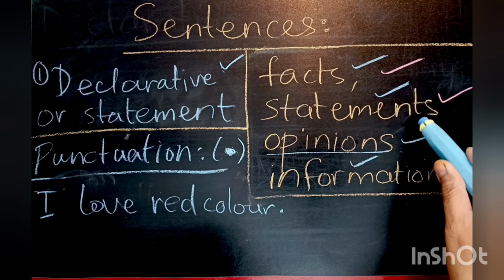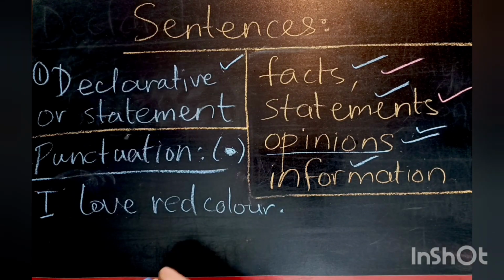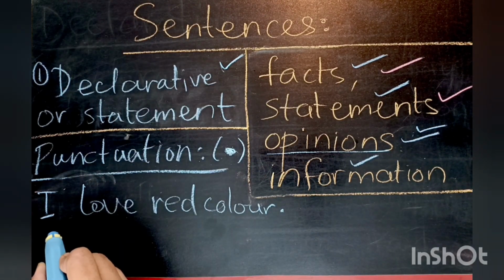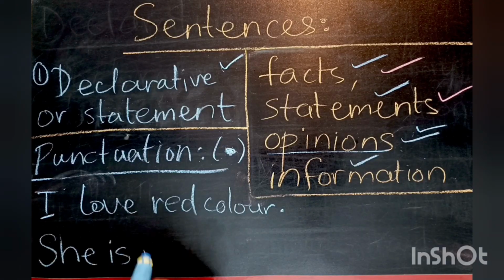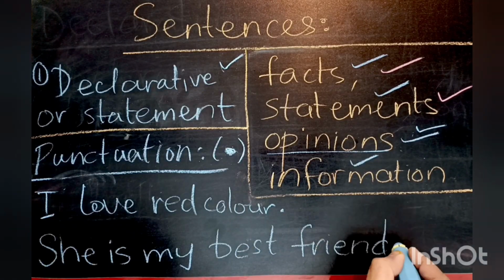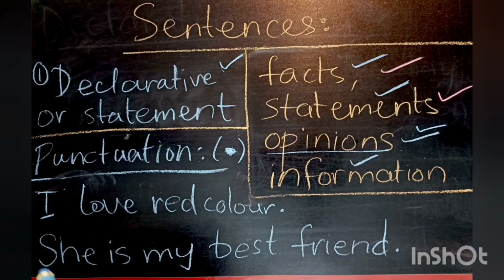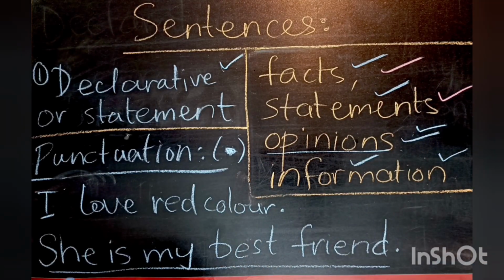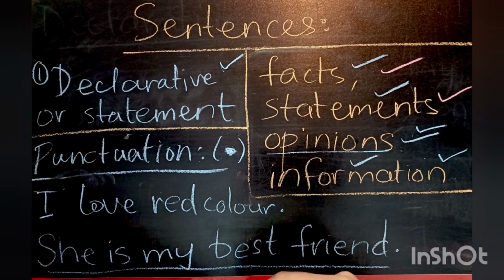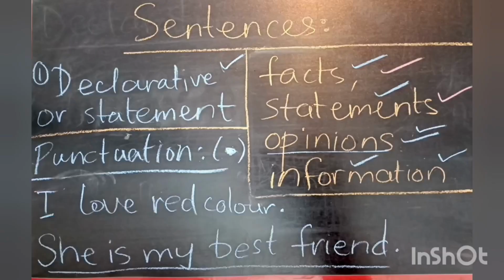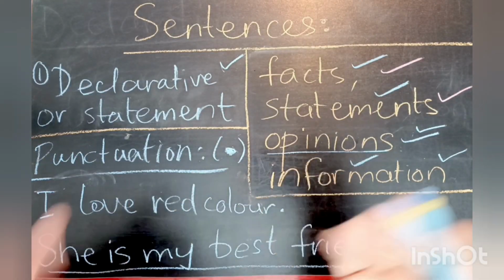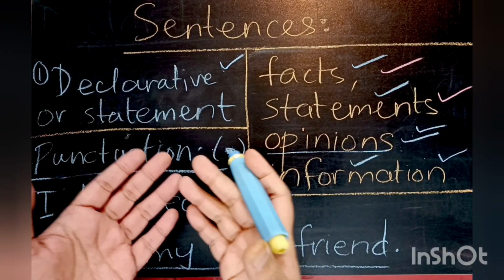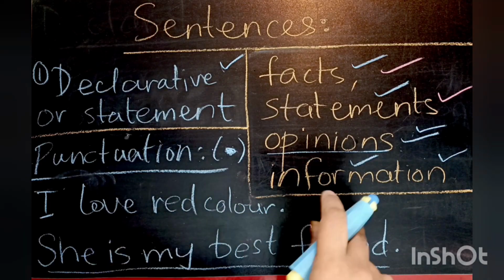Let us move towards the information. So in this sentence, we are being provided the information that she is my best friend. The girl is actually my best friend. So it is an information.